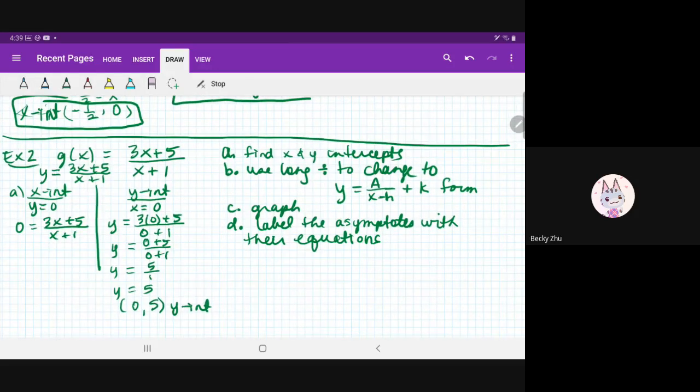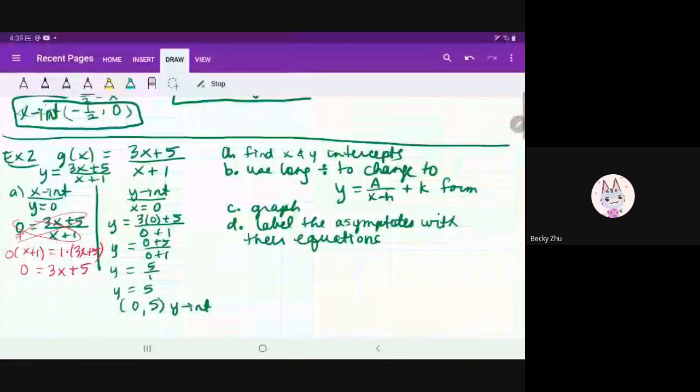And then this one, to solve the proportion, I'm going to cross multiply. And then I get 0 times x plus 1 equals 1 times 3x plus 5. I don't usually show that step when I'm doing my own work. I usually just multiply it in my head. But then I always think it's weird that the x plus 1 disappears. And so sometimes I just would prefer to write it with the 0 times.